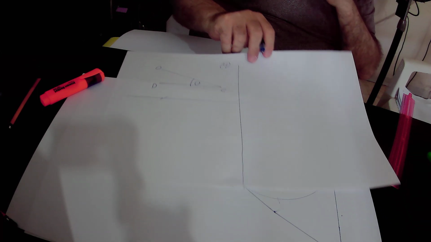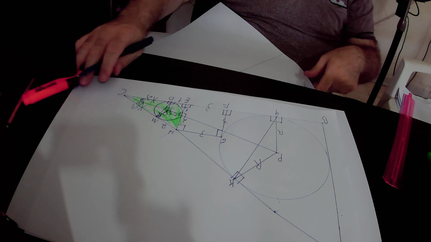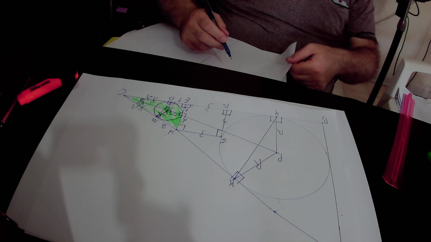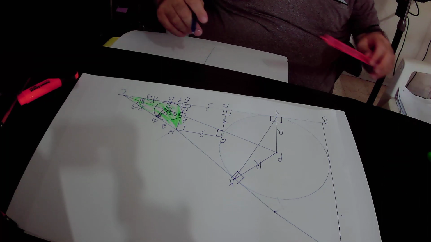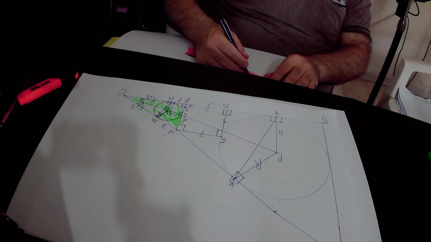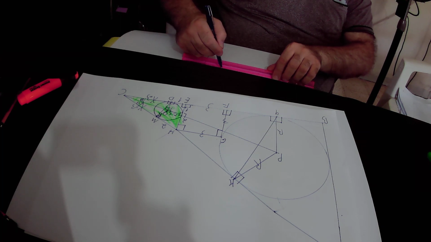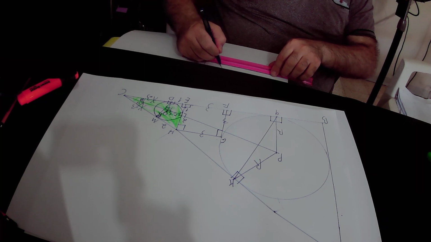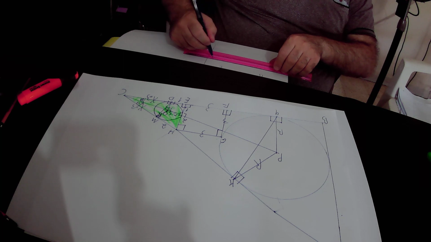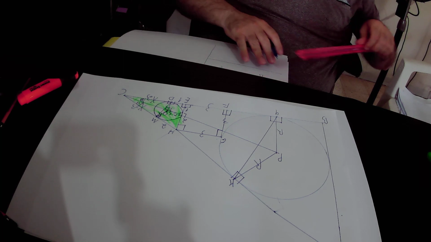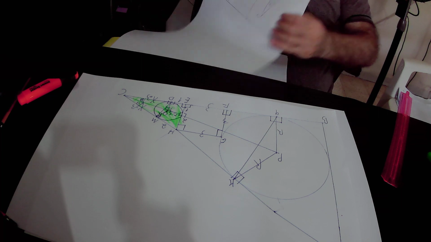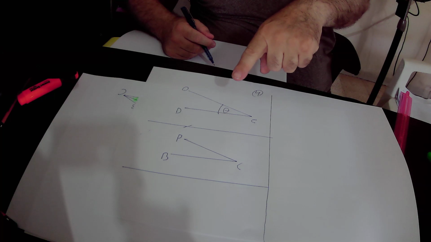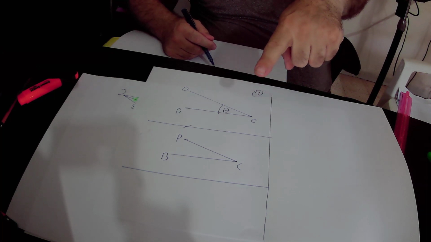And the second angle that we will have, if CO doesn't pass through point P, is angle PCB.